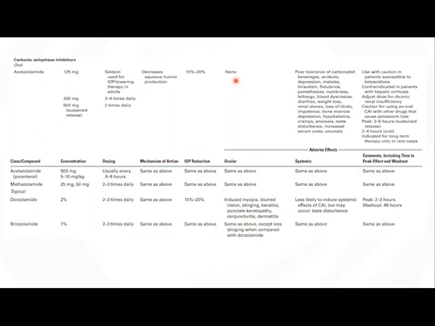Here, regarding ocular side effects, in the case of acetazolamide there are no ocular side effects, and methazolamide also has none. In the case of dorzolamide and brinzolamide, there are ocular side effects like induced myopia, blurred vision, stinging, keratitis, punctate keratopathy, conjunctivitis, and dermatitis. Compared to dorzolamide, brinzolamide has less stinging and the keratopathy is less prominent.